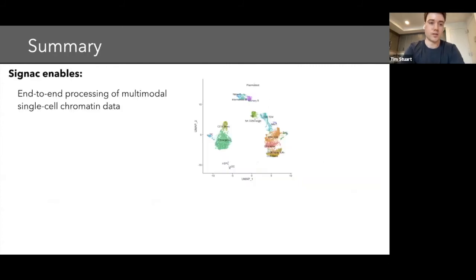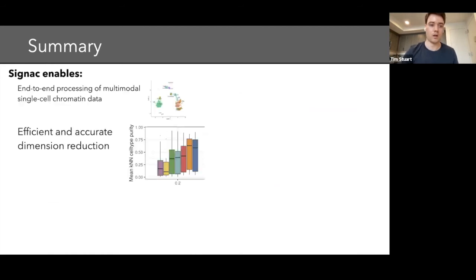Okay, and now just to summarize, we've developed Signac, which is an R toolkit that extends Seurat and enables the end-to-end processing of multimodal single-cell data. We've also developed a modified dimension reduction method that really enables fast and accurate dimension reduction for single-cell ATAC-seq.